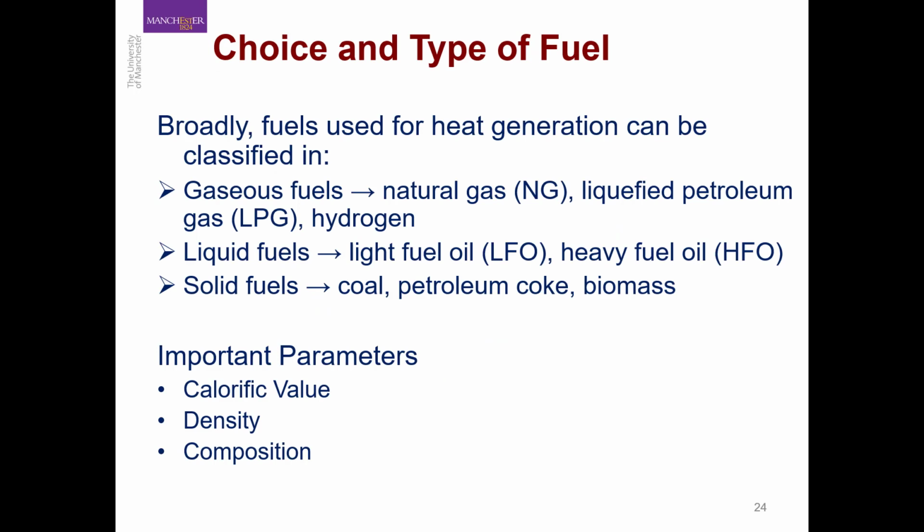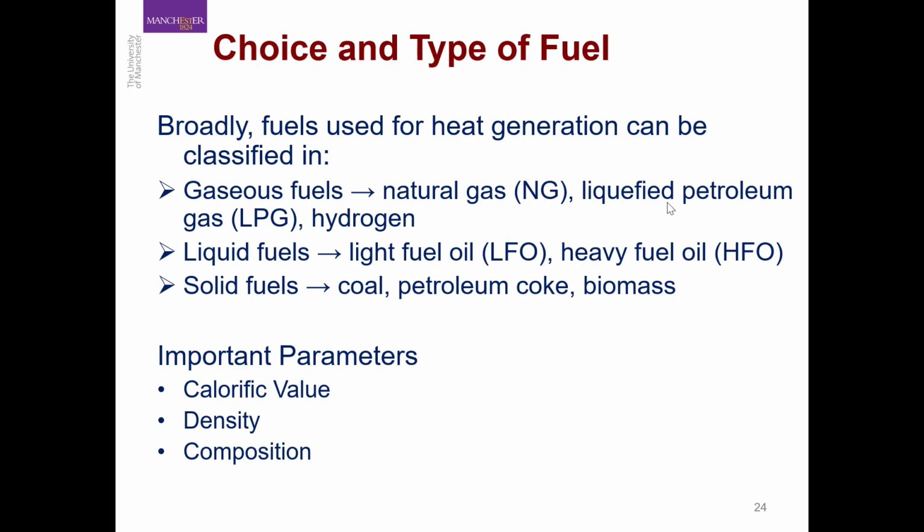In any industrial setting, the choice of fuel is driven by various factors, for example the supply, the storage, and other environmental factors. Broadly speaking, we classify fuels into three main categories. We have gaseous fuels, for example natural gas, which is one of the most common forms of gaseous fuels.